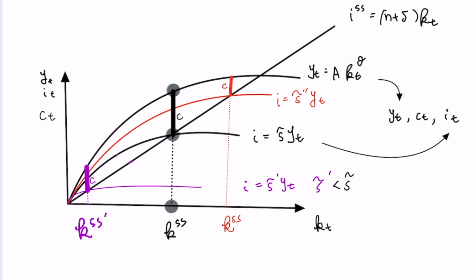Therefore, from this graph, we clearly observe that when the saving rate is higher, sometimes it will lead to higher consumption, but sometimes it will lead to less consumption. The reason it comes up with this result is that when the saving rate increases, there are two forces driving the consumption.